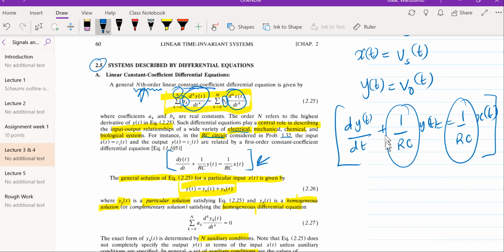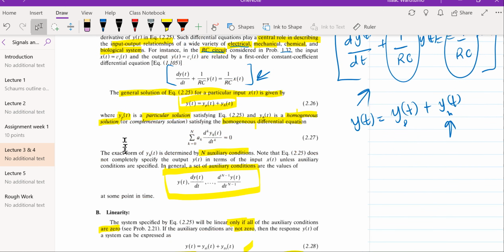There are a number of ways we use to find the solution to this differential equation, and the solution can be obtained as y(t) equals yp(t), which is the particular solution, plus yh(t), which is the homogeneous solution.